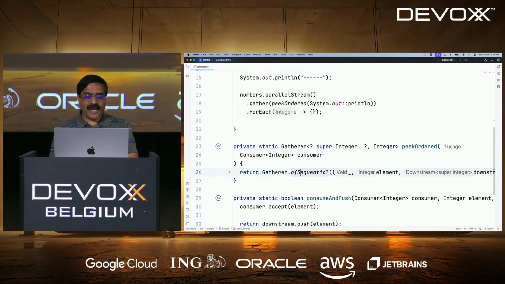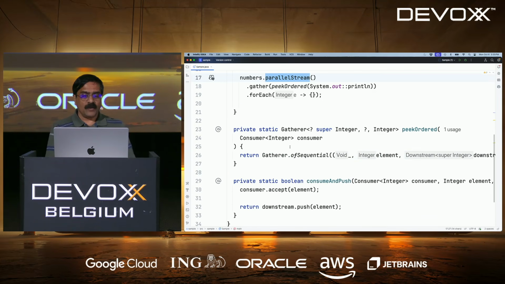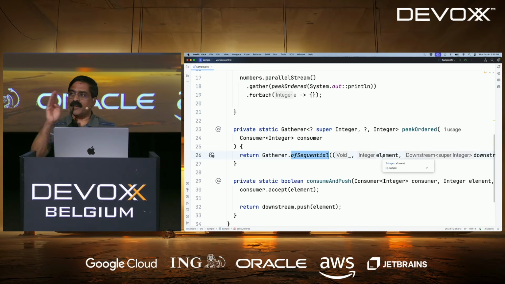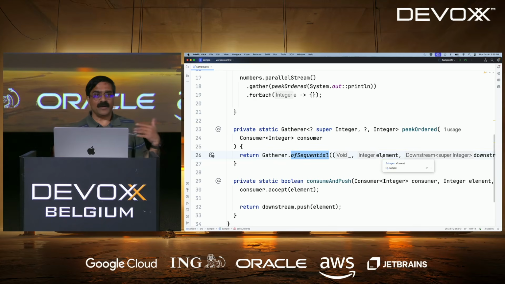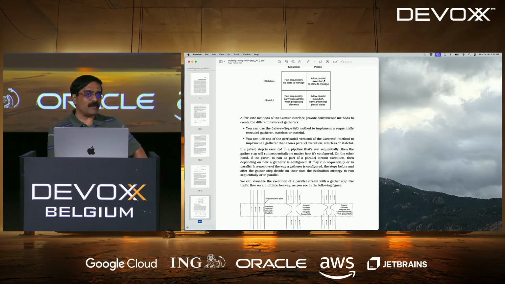So in this case, the stream is parallel. However, when you come into that stage, you are being sequential, and you're sending 1 at a time. So that's basically the behavior of the sequential. So what we did in this example is we first implemented this, which was stateless, and it was parallel.